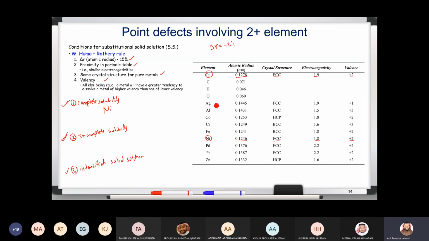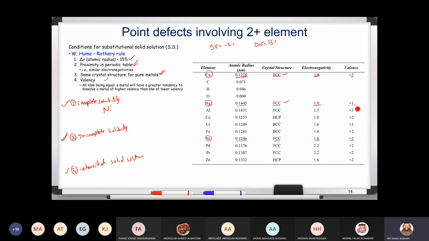Situation number 2 is an example of silver. So let's look at the silver. Here is 0.1278, here 0.1445. If you calculate delta R, it will be 13%, so it checks number 1. Proximity: here we have 1.9, here we have 1.9, it checks number 2. Same crystal structure: here we have FCC, here we have FCC, so it checks number 3.